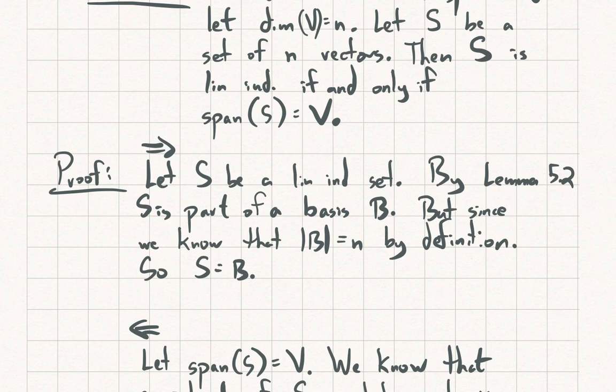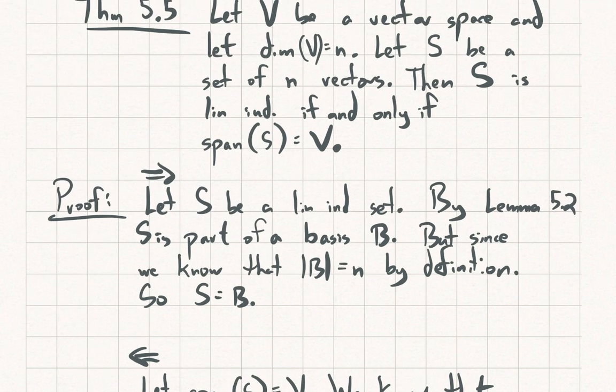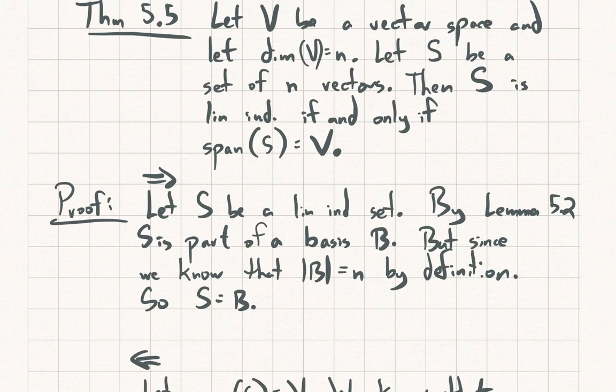Now this theorem here is a really nice theorem in the way that it allows us to save some work as long as we know the dimension of our vector space. So if we do indeed know the dimension, so the number of vectors in a basis, if we have a set that's the same number of vectors as the dimension, so the same number of vectors as any basis, we only need to check one of linear independence and spanning.